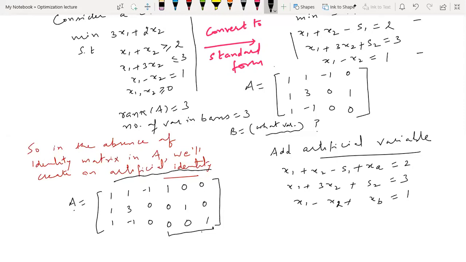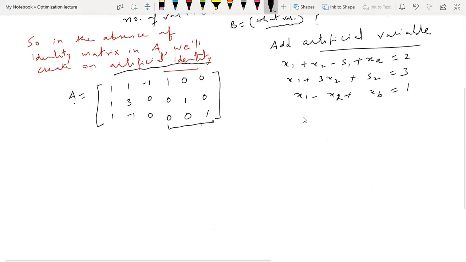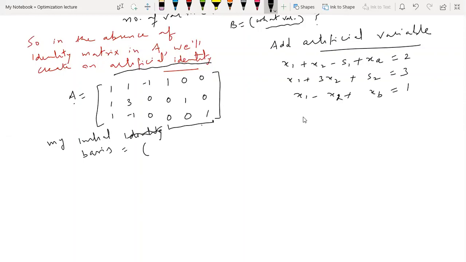So this initial basis comprises which variables? xa, s2, and xb.